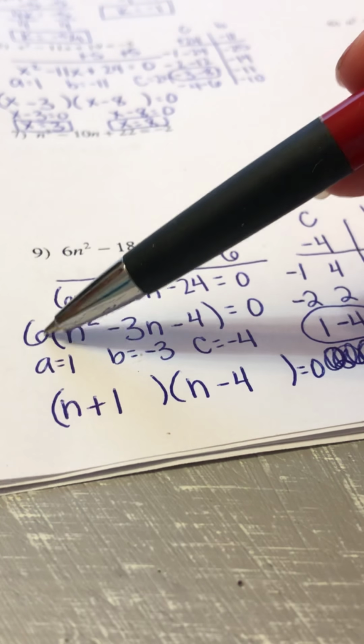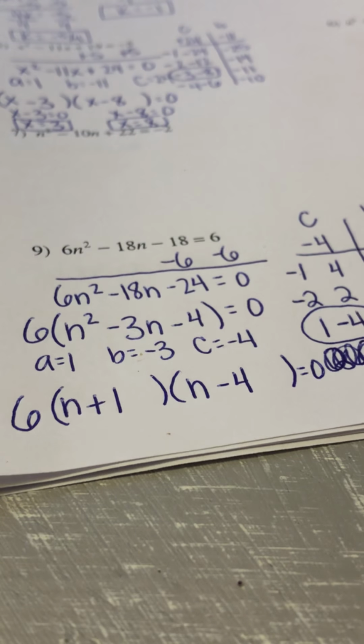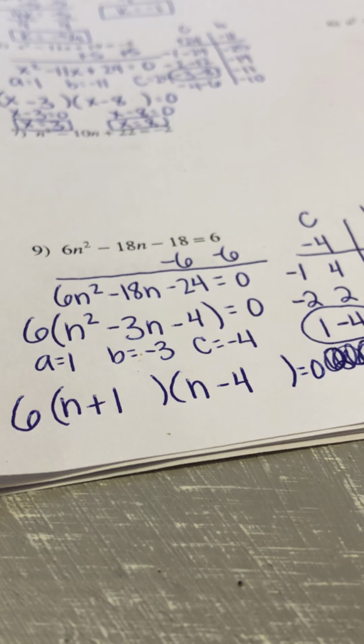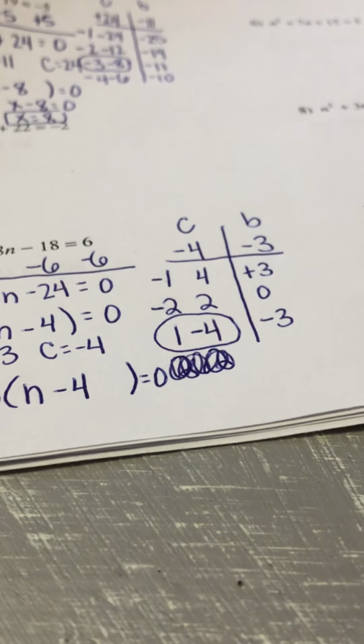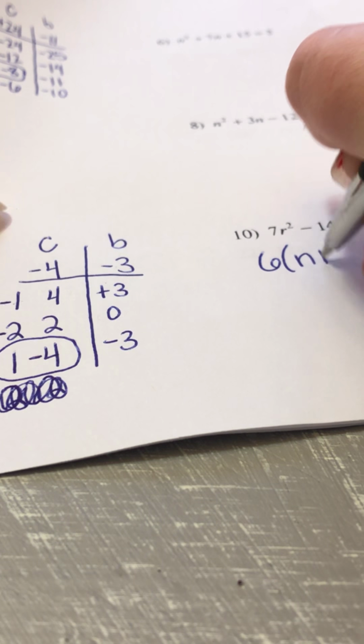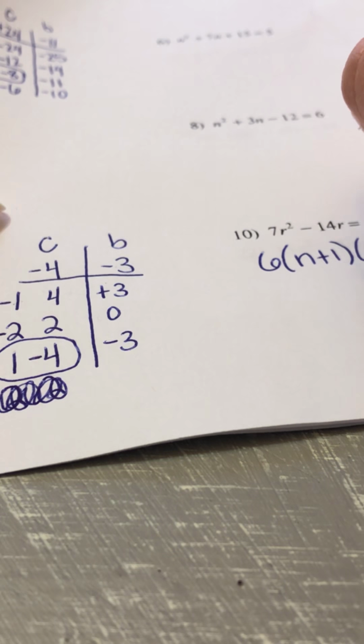Because I had a GCF of 6, I cannot forget my GCF out in front of my two binomials. Do not forget your GCF in front of your two binomials. That makes a huge difference. So coming over here, I'm going to have to write on the side of my paper here. We've got 6, n plus 1, n minus 4 equals 0.